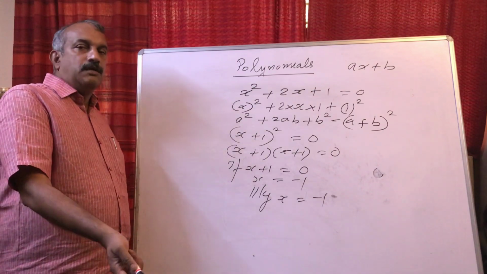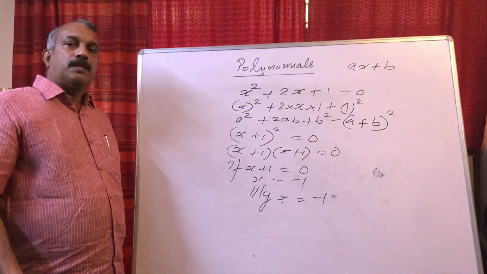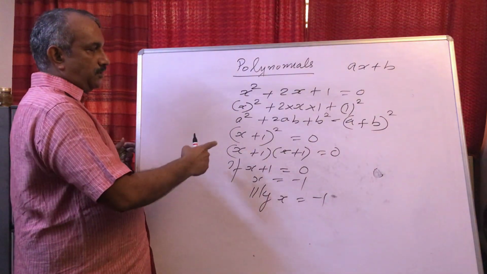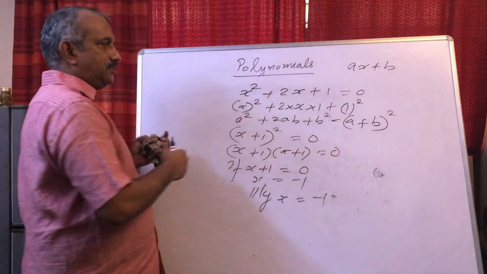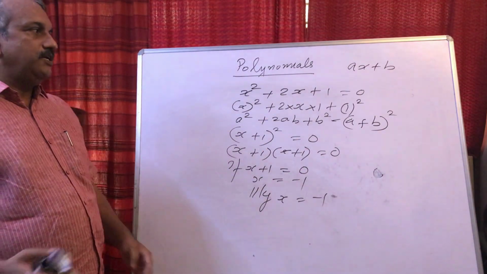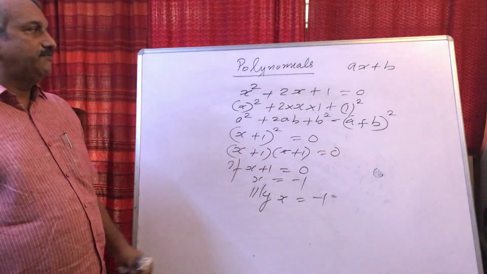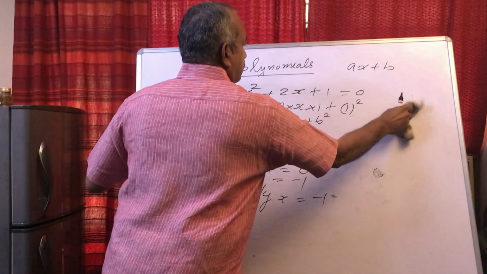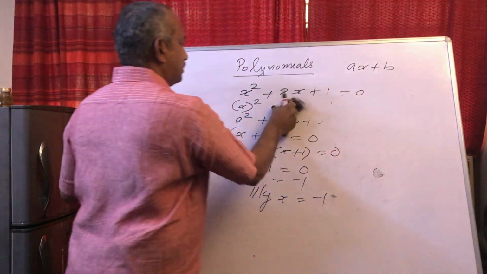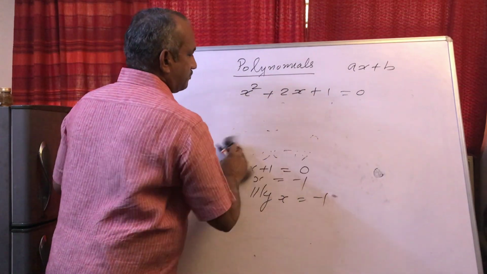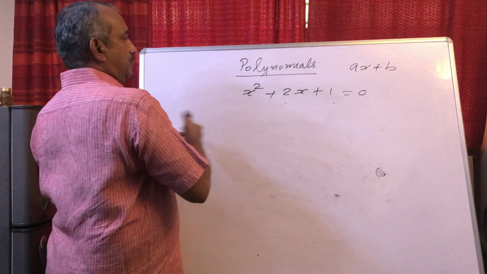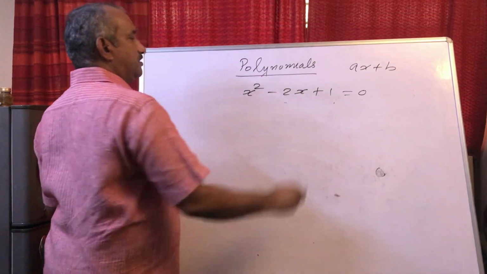Now we can verify the property also. That I will come to later. Let us discuss the different ways to find the zero. First one is using the first identity, and now using the second identity. Suppose instead of this 2x, it is minus 2x.